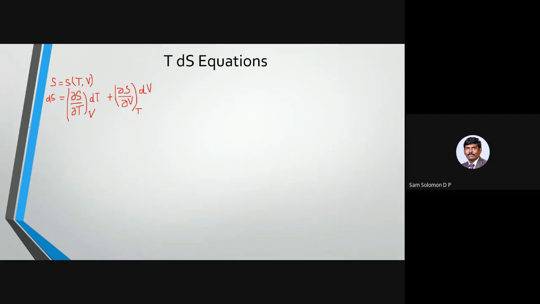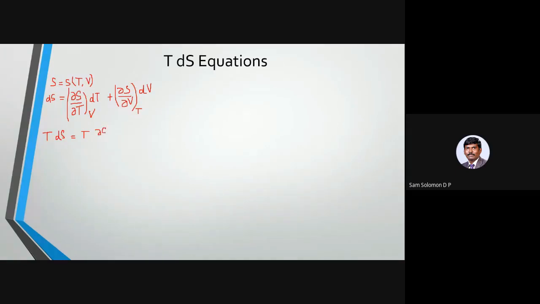Because we are interested in the TdS equation, we can multiply with T everywhere so that it becomes a TdS equation. You multiply T with every term in the equation.